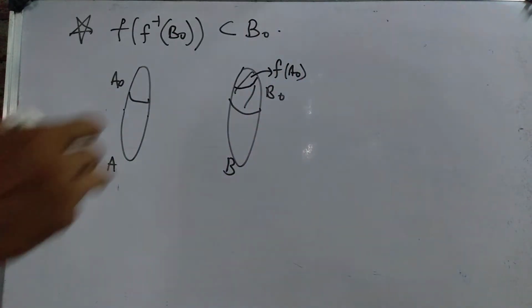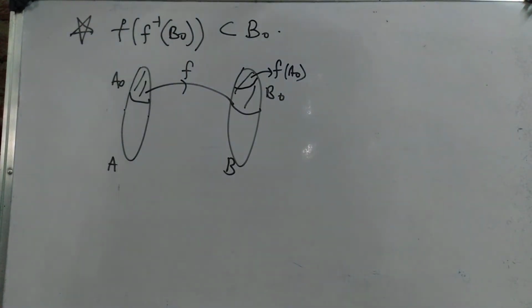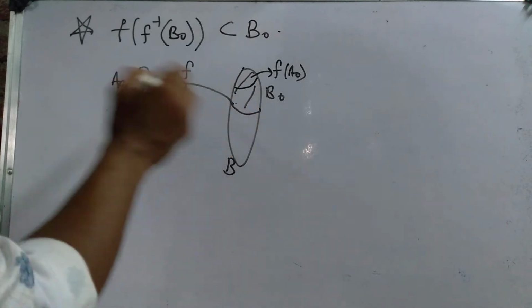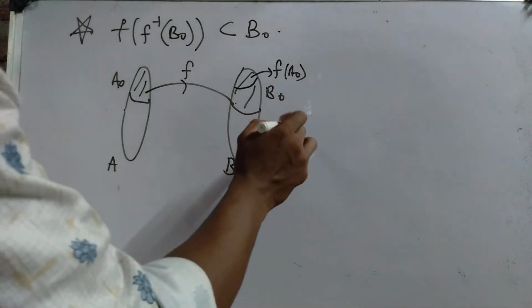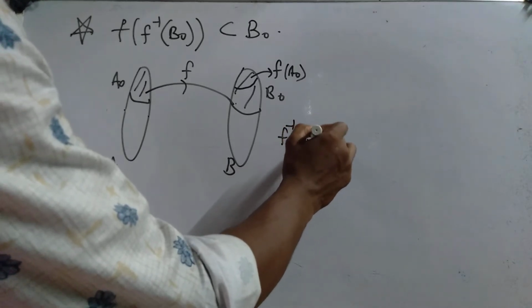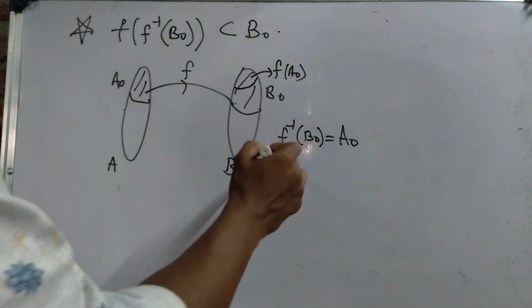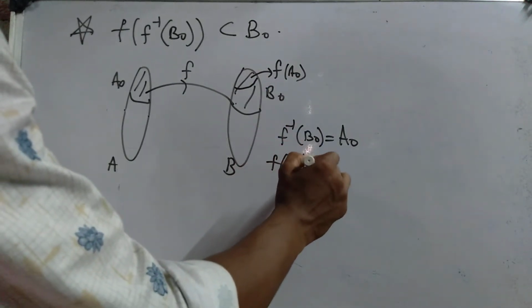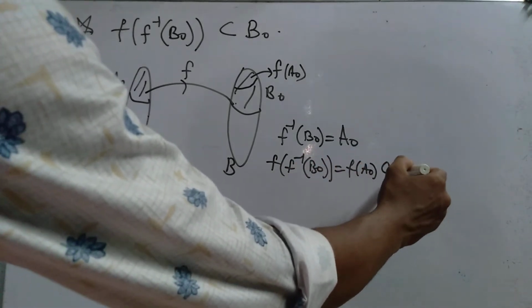Okay, then this one f, that means f inverse of B0 equals A0, and f of f inverse of B0 equals f of A0, a subset of B0.